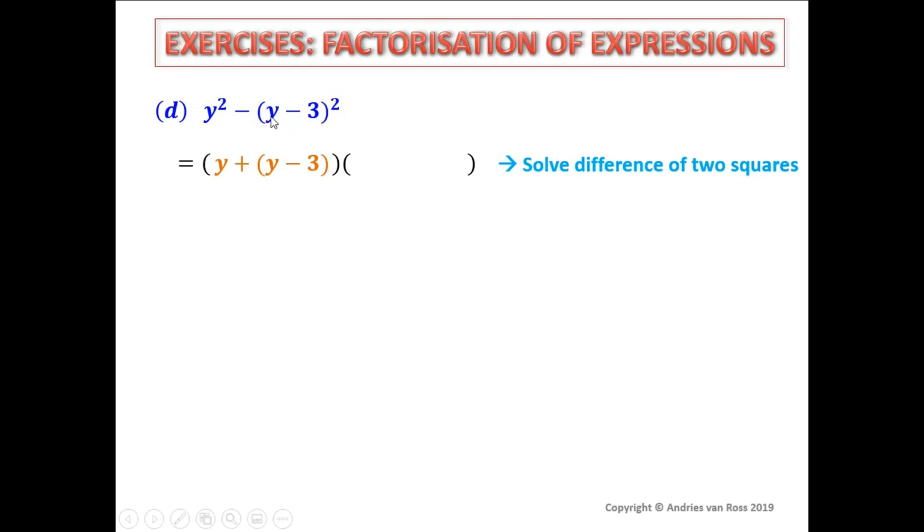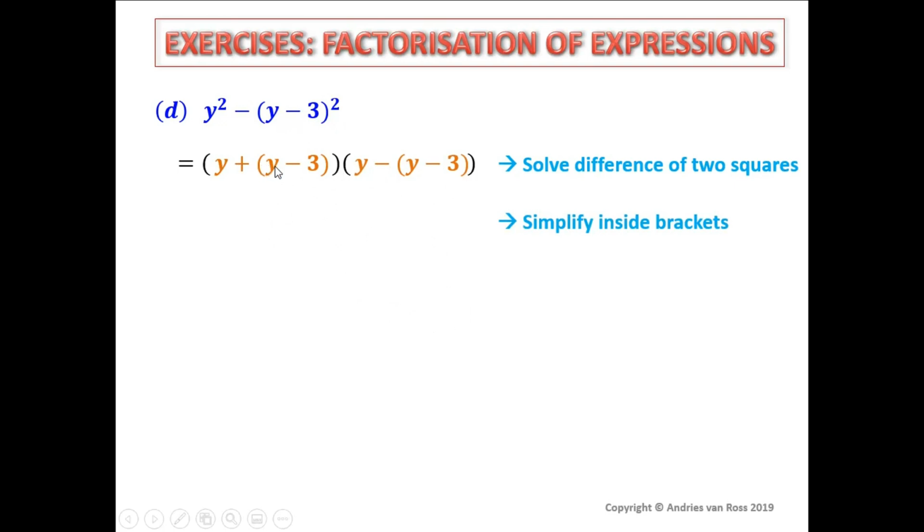The square root of y minus 3 squared is just the bracket, because that's the square root. So we put in our bracket y minus 3, which is the square root of the second term. And we know that it's the same in the other bracket, it's just that we've got a plus and a minus.